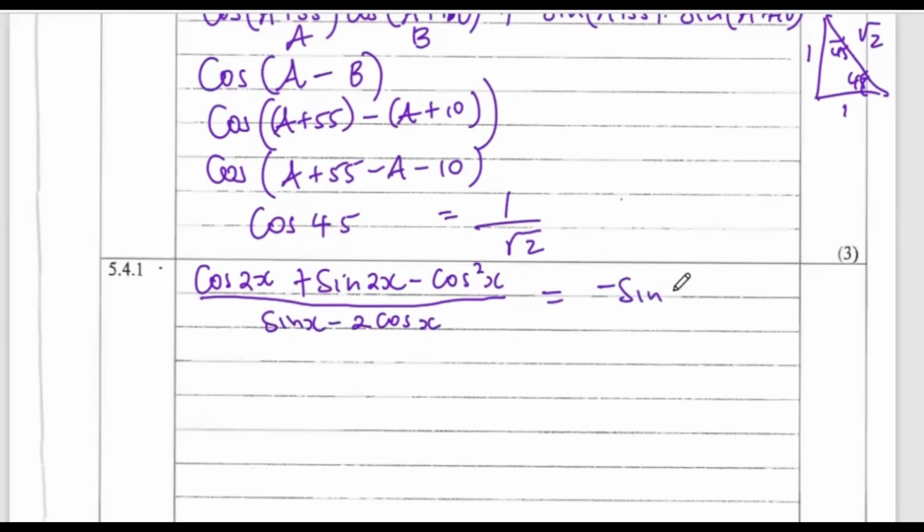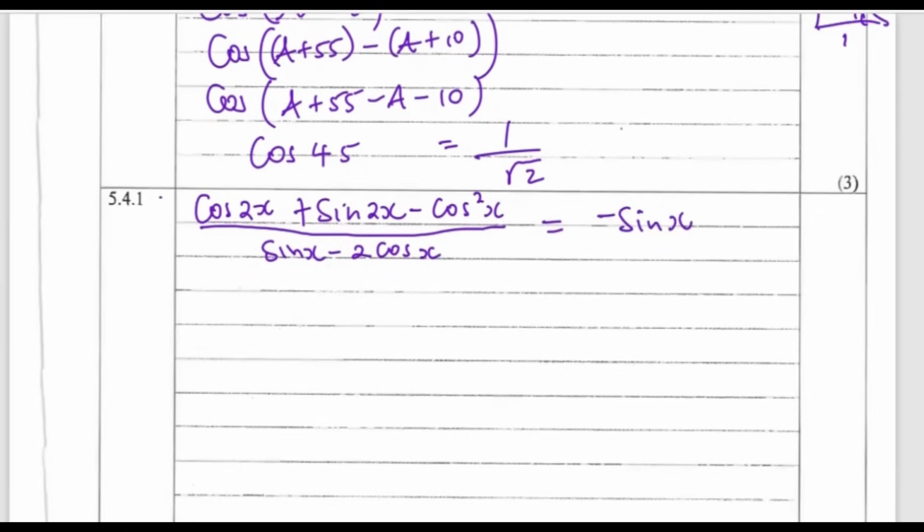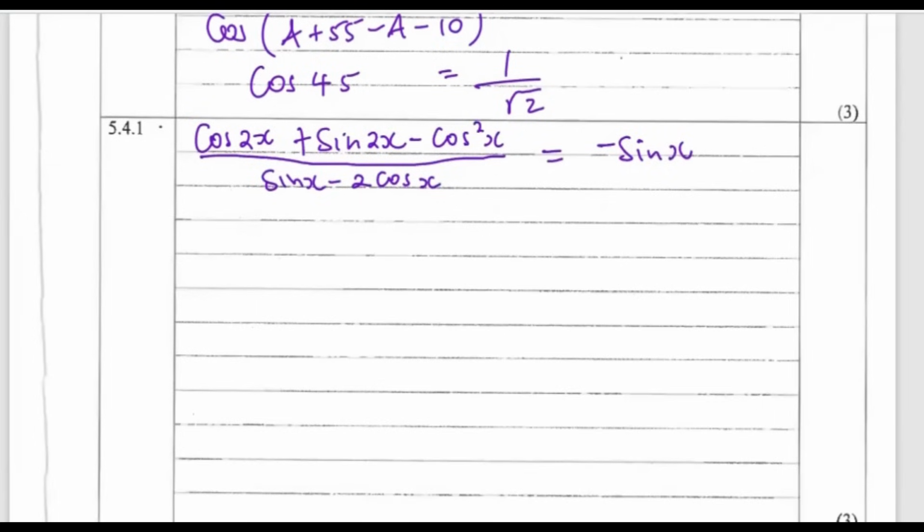Okay, so one thing you need to know is that when you're proving, you need to start from one side so that you get to the other side. And if that is being done, do not involve both parts into your proof. Just work with one and then you end up with the other. So I'll say that I'm starting from the left-hand side. Okay, I'm seeing the double angle cos, the double angle sine.